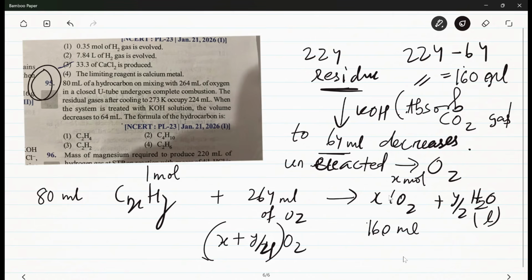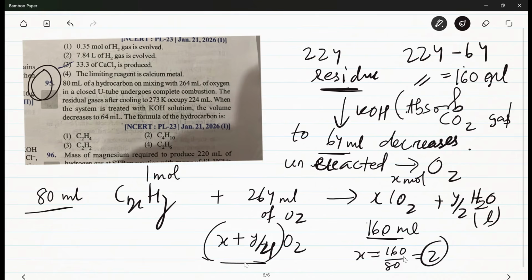If 1 mole of reactant gives 2 mole of product, then 1 liter will give 2 liter. So now 80 ml gives 160 ml. That means what is the value of x? 160 by 80, 2. So you got the first thing, 2, but there are three options: 1, 4, and 3.